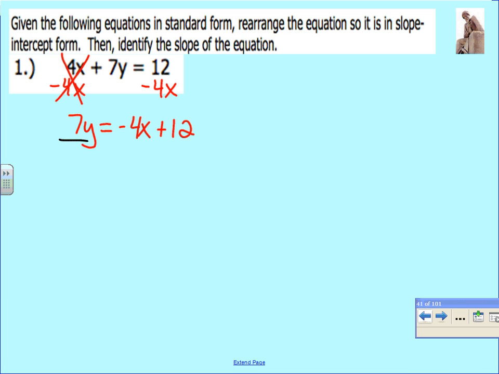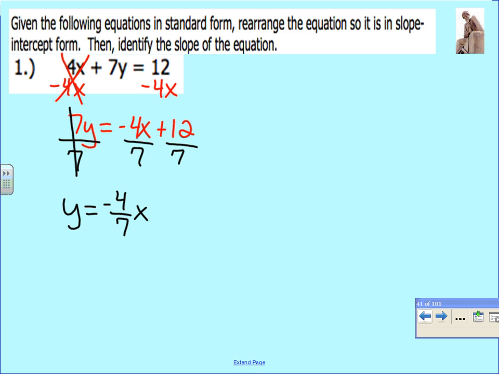The number in front of y is 7. So we need to divide not just one thing, but every single term needs to be divided by 7. This goes away. Okay, that's canceled. So now we have y equals negative 4/7 x.